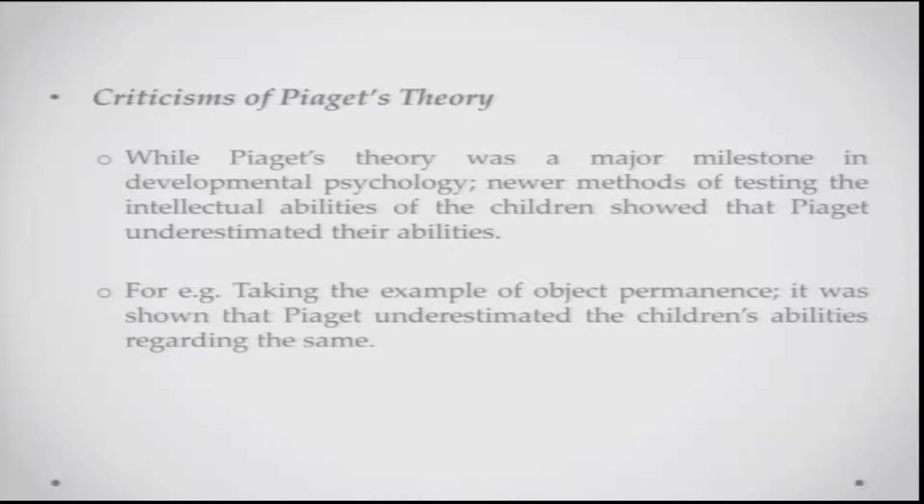For example, in the case of object permanence, Piaget said that object permanence is not developed until the end of the sensorimotor stage, by around 8 to 9 months. But newer testing methods have shown that hints of object permanence ability start happening much earlier than what Piaget estimated.